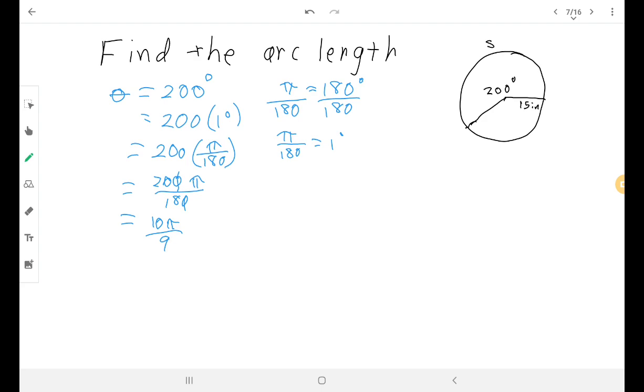So now I can use my arc length equals r theta, because now I have theta in radians. So arc length equals the radius, which is 15, times the angle, 10 pi over 9.